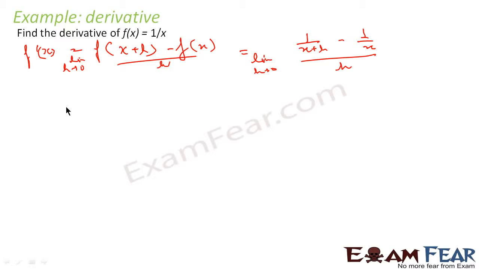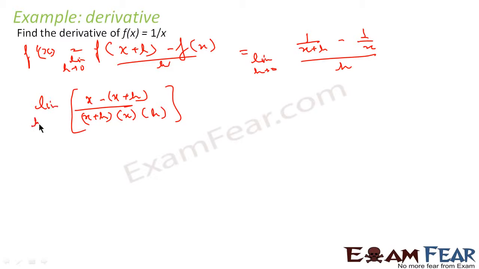We'll solve this equation. So what I'll get is x minus (x plus h) over (x plus h) into x into h. This is what we get, limit of h tends to 0. Correct?